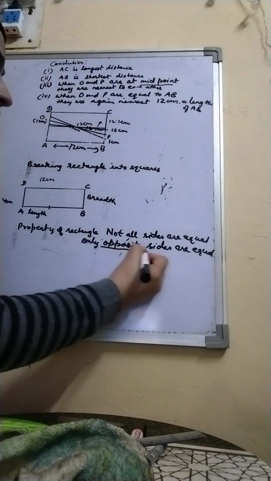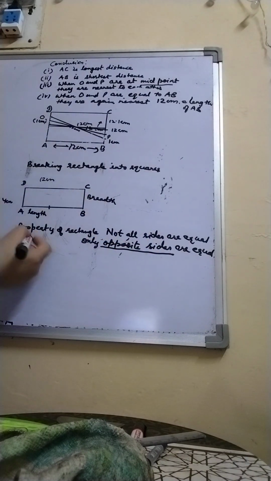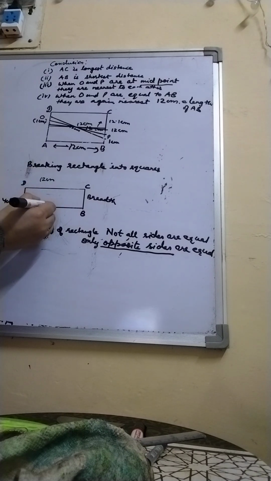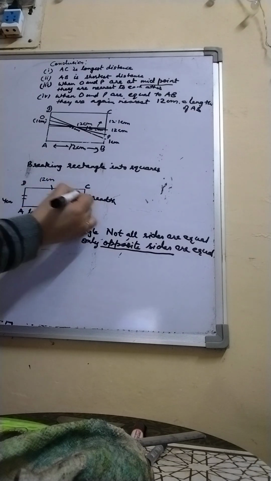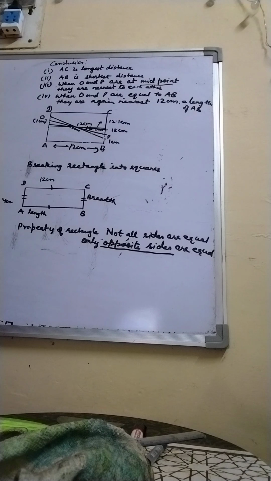Only opposite sides are equal. This you remember. So what are the opposite sides? We show it by drawing a line like this. These two, AB and CD, are opposite sides and AD and BC are opposite sides. So you have AB is equal to CD and AD is equal to BC. So this you know. You must recall because we would be using this property.